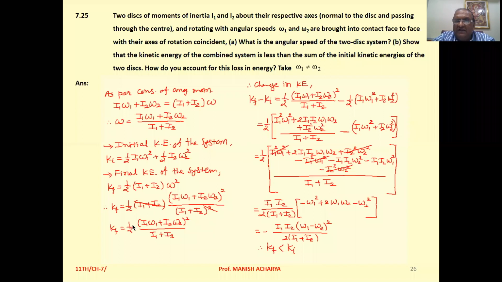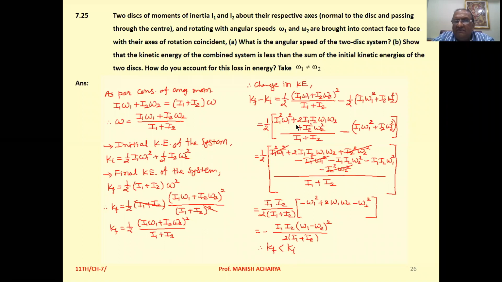Now change in kinetic energy is final kinetic energy minus initial. So final is half into I1 omega 1 plus I2 omega 2 whole square upon I1 plus I2, minus K initial. So initial is half into I1 omega 1 square plus I2 omega 2 square. Take half common. Then simplify this one.